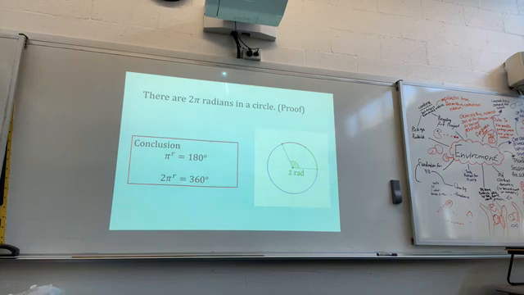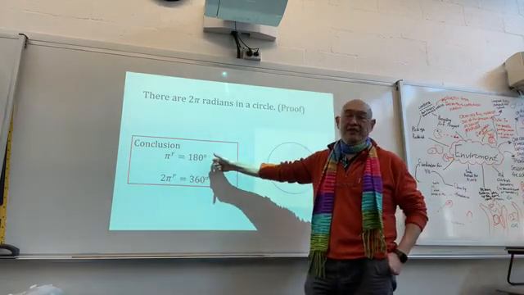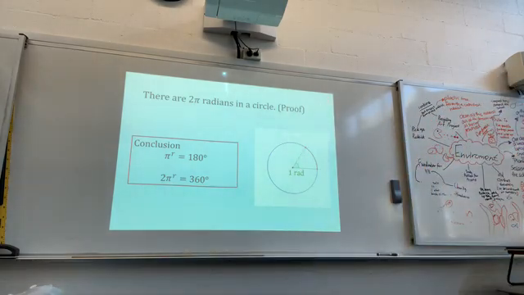Then they move across: 2 radians, 3 radians, pi radians, and finally the whole thing is 2 pi. So our conclusion is that pi radians is 180 degrees and 2 pi radians is therefore 360 degrees. So remember, pi radians is 180 degrees, 2 pi radians is 360 degrees.